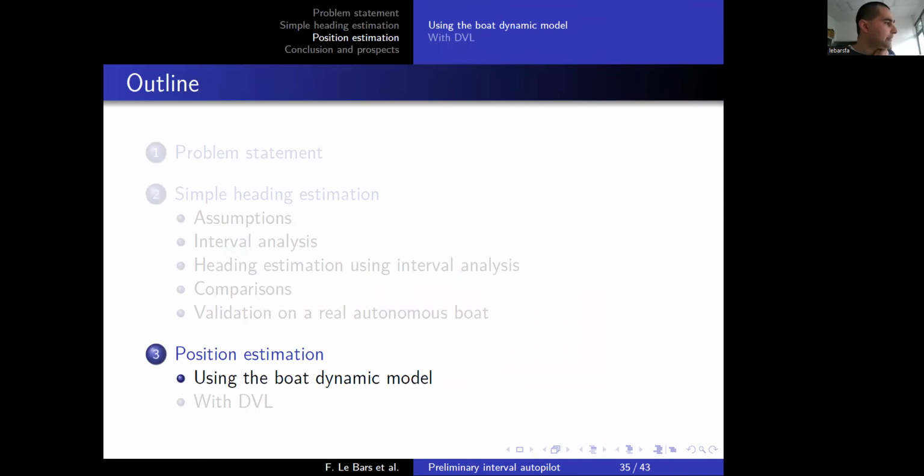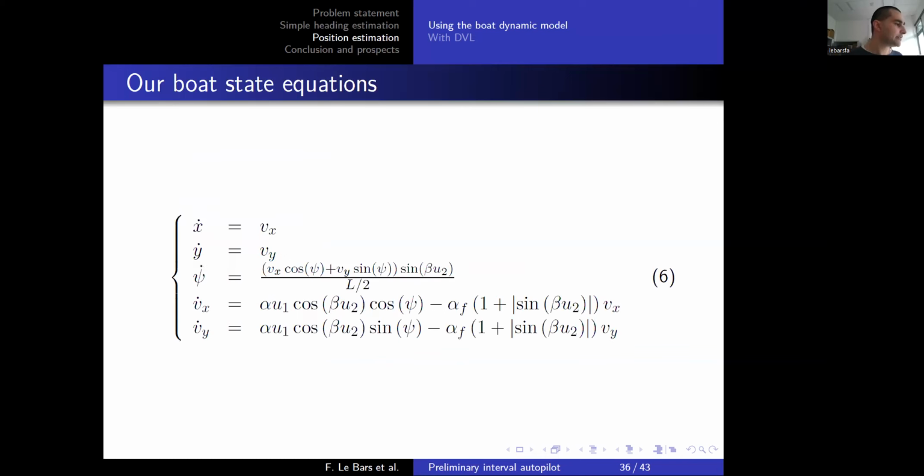So this part was about heading estimation, but now I would like to talk a little bit about position estimation. I just want to mention that with interval methods, we can make a position estimation of the robot, in addition to the heading estimation I previously mentioned, and with different types of models for the problem.